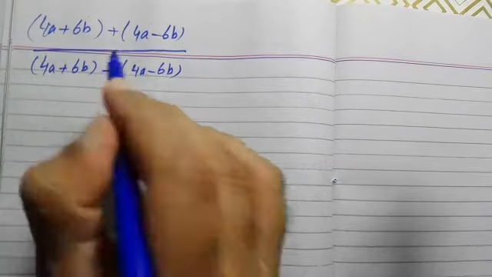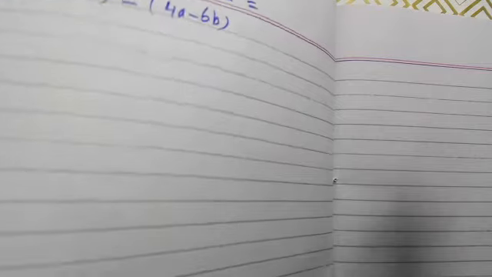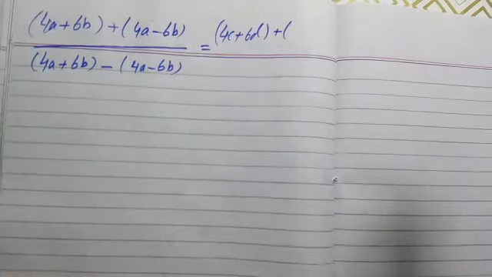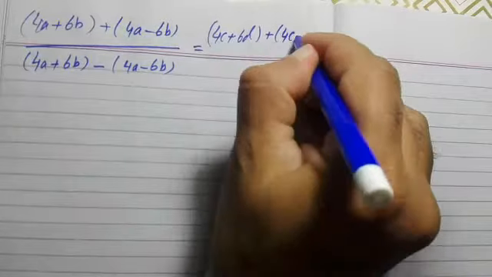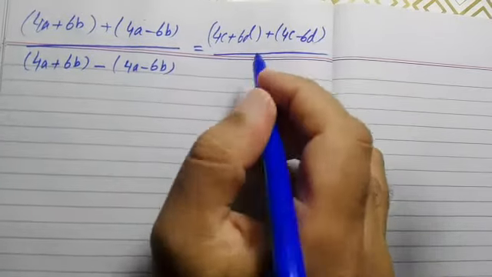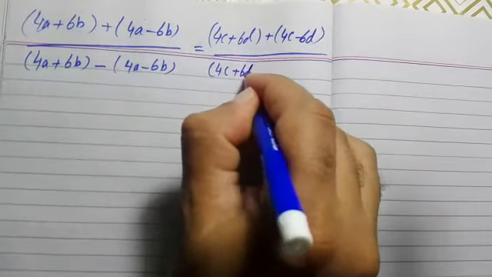And on the right hand side, again we are getting 4c plus 6d and 4c minus 6d. Whatever we have written in the numerator, the same two terms will be written in the denominator, and there will be a negative sign between them.